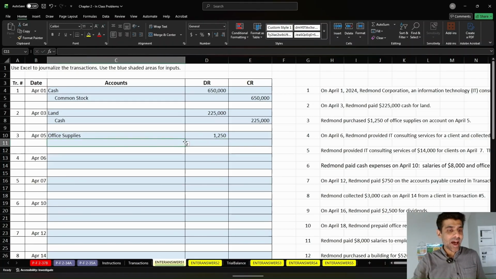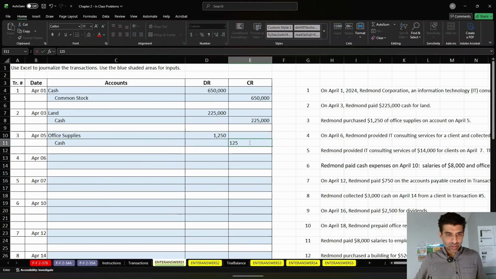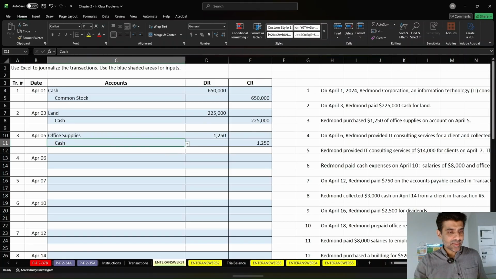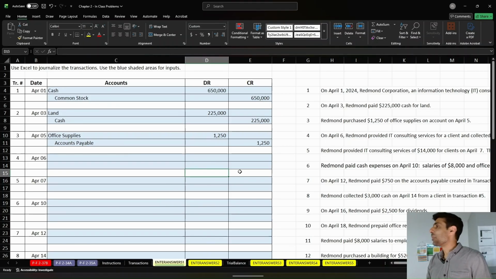Now, if I had paid cash, hypothetically, this would be a perfectly valid journal entry, right? Because cash is going down and I would credit it. However, I'm not, and I have accounts payable, okay, which is also a perfectly valid journal entry because it's a liability and liabilities are credit normal. Okay, so let's just now post these two.